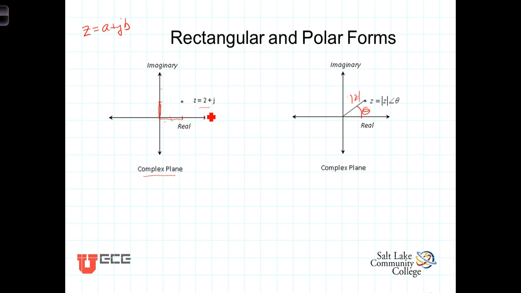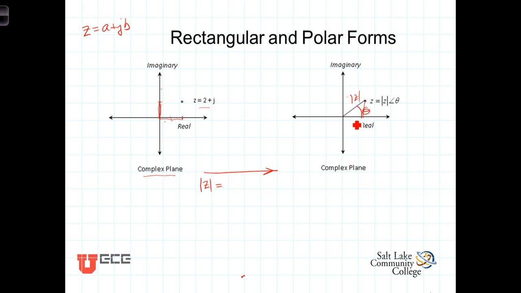Now, how do the polar and rectangular coordinates relate to each other? We can go from rectangular to polar using Pythagorean's theorem. So from rectangular to polar, we can calculate the magnitude of z. That's simply equal to, using Pythagorean's theorem, the square root of the two sides.